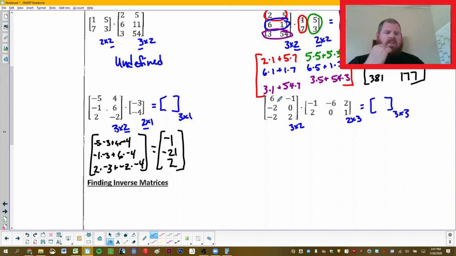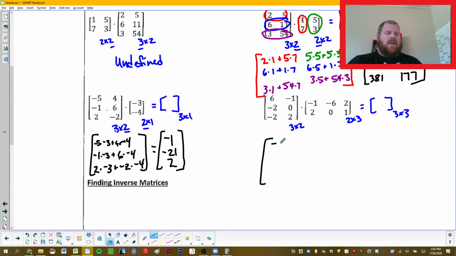Now let's look at this one. It's going to give us a 3 by 3 matrix. I'm not going to put that other one in there. And I'm just going to multiply these and kind of talk them out as we go, just to speed it up a little bit. 6 times -1 is -6. -1 times 2 is -2.